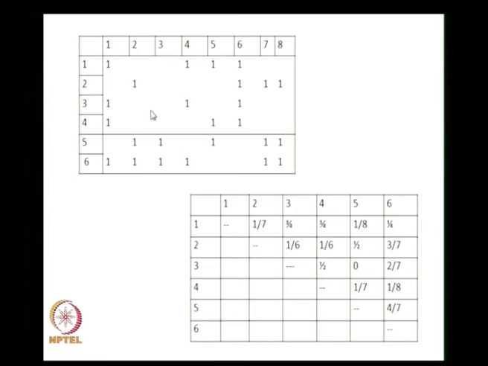Now, the only other thing that we have to look at is, here the representation is in the form of a binary matrix, in the other case the representation is in the form of coordinates. So, given the coordinates we were able to calculate the distance. Given this machine component incidence matrix, we were able to calculate the similarity coefficient and we can proceed.